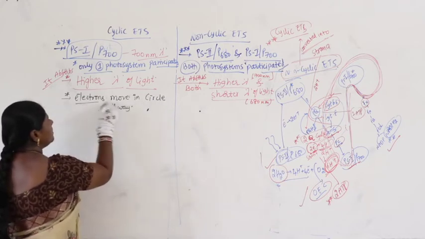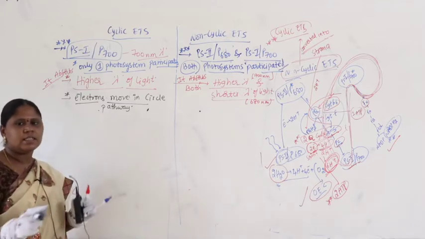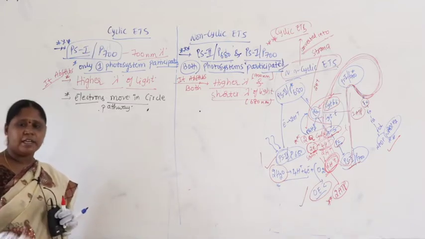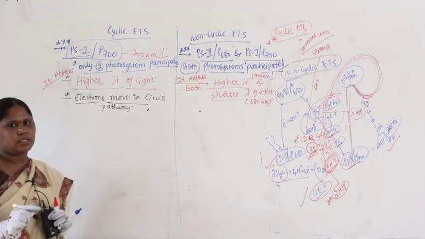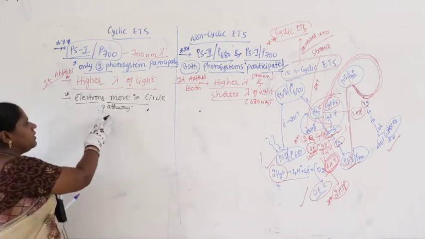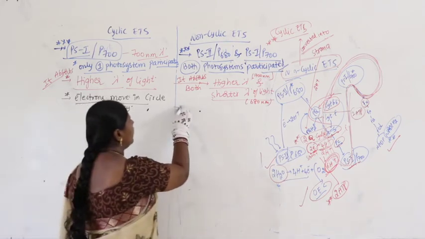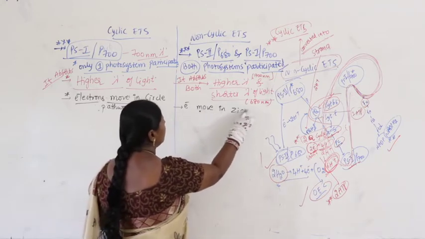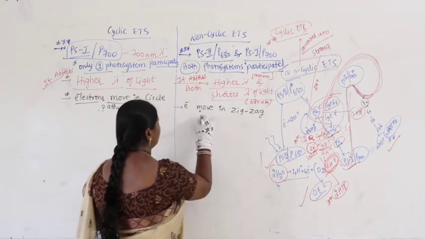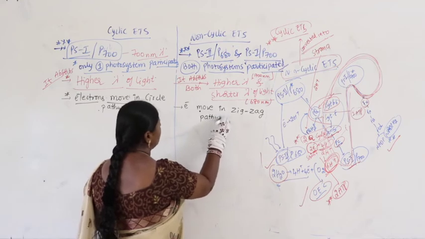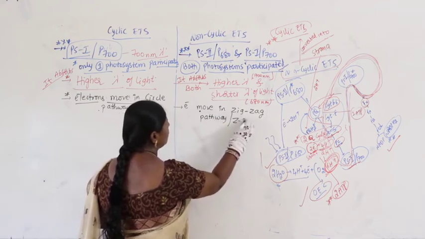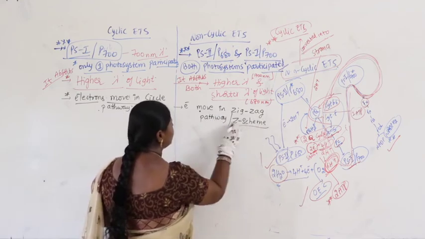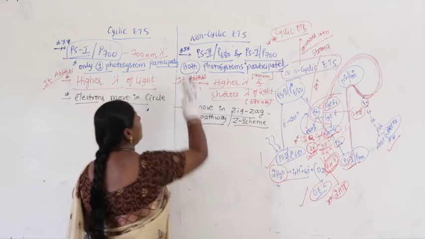What's the meaning of this? It starts with PS1 and enters back into PS1. So electrons move in a circle pathway, whereas here electrons move in a zigzag pathway. That's why it's also called a Z scheme.